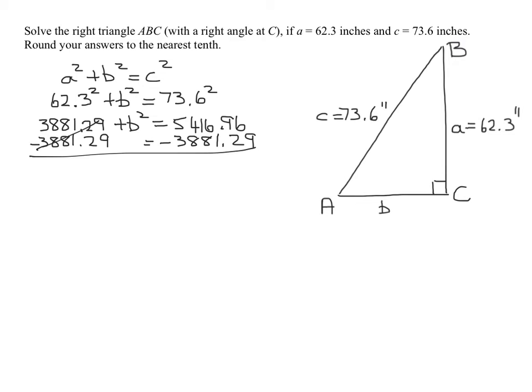And I'm going to get b squared, and when I did that on the calculator, I got 1,535.67. So how am I going to find b? b is the square root. Now, since I'm dealing with sides of a triangle, I don't have to consider the negative answer. b has to be a positive number since it's the length of a side of a triangle.